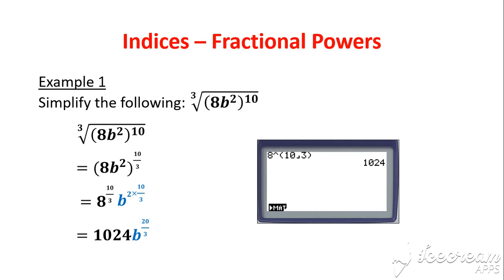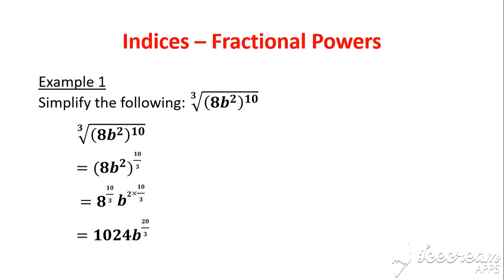So we have b to the power of 20/3. So we're left with 1024 times b to the power of 20/3. But that 20/3 is going to be written back into root form as the cube root of b to the power of 20. So our final answer is 1024 times the cube root of b to the power of 20.